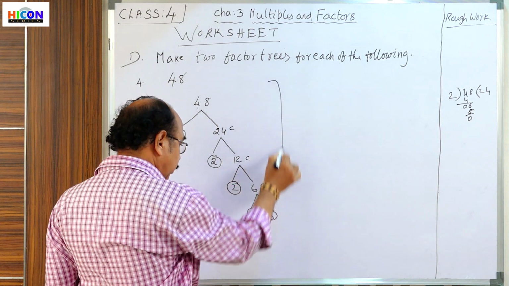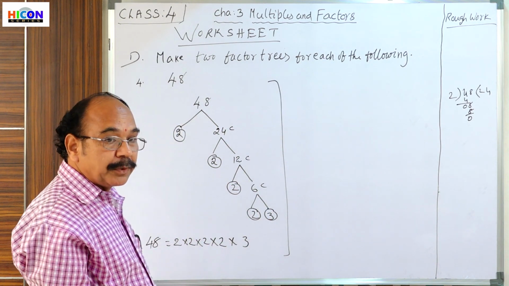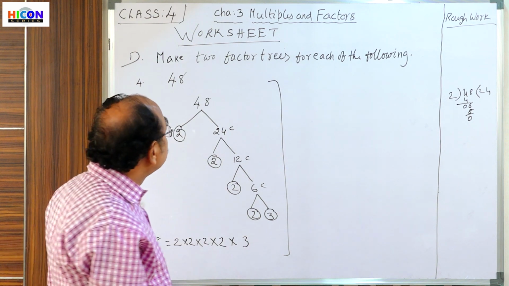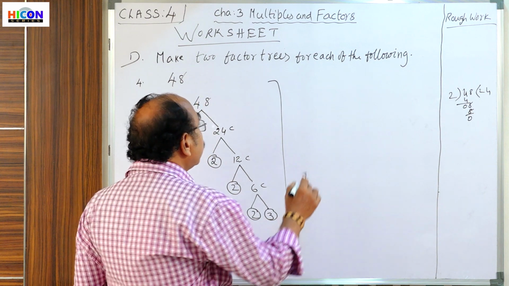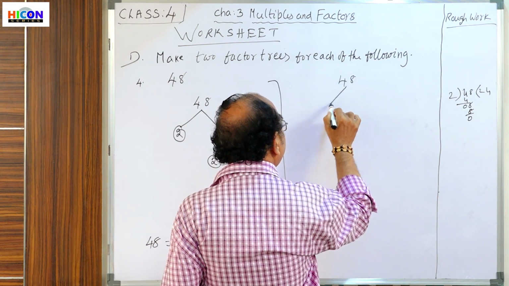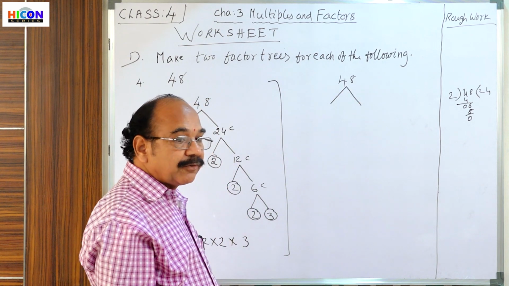Now, children, we have to prepare two factor trees. One factor tree is over. Now the second factor tree. Take 48. 48 can be broken as 8 6s are 48.